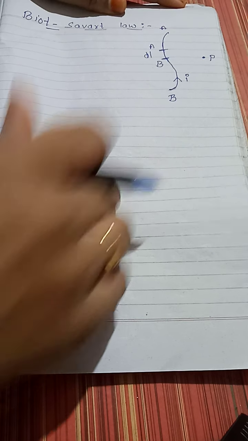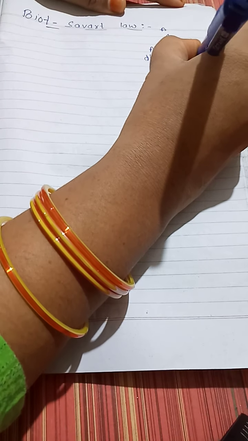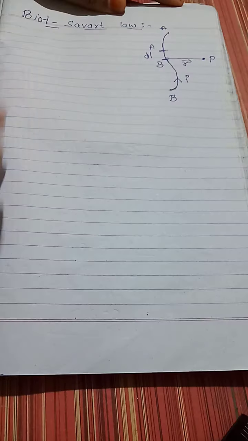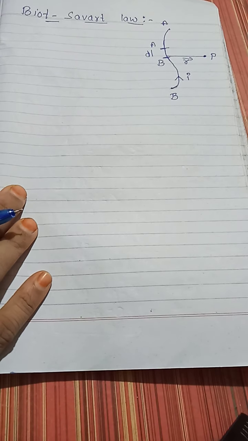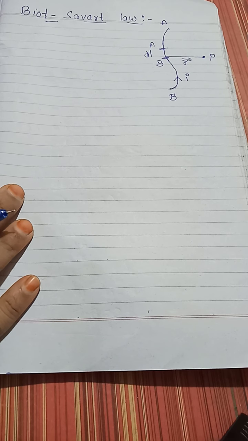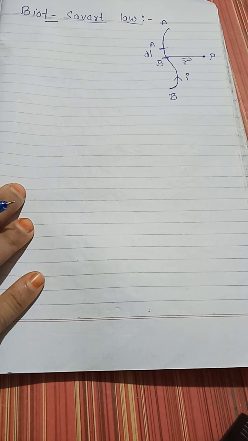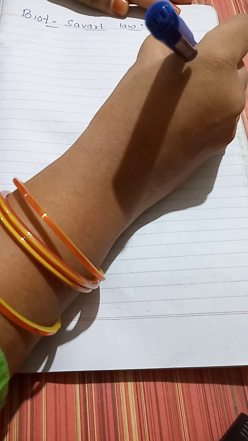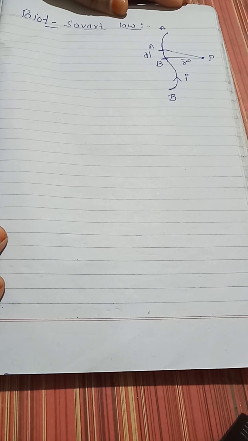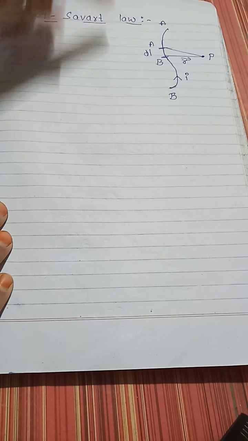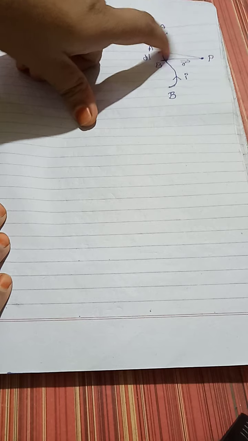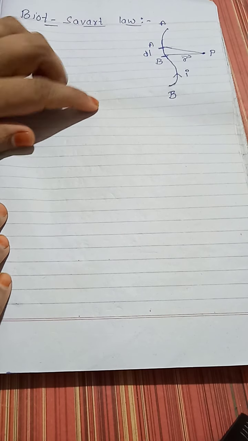This element is at a distance r from the point P. Now let us join this element and point P.